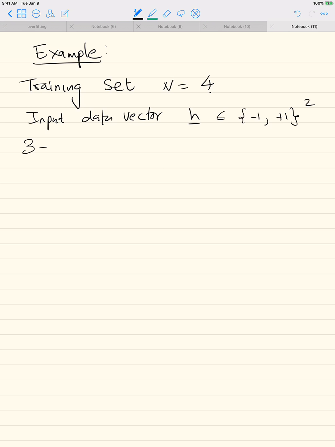And we'll consider 3 different sets. The first set has 4 points, where the training set looks like this. You have points at -1 and +1. So you have these 4 points, and the label is as follows.